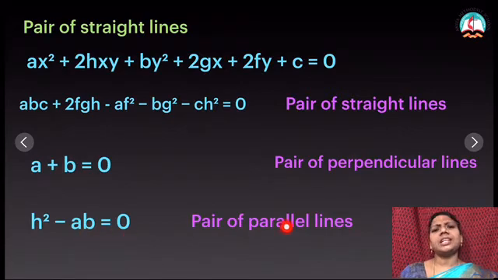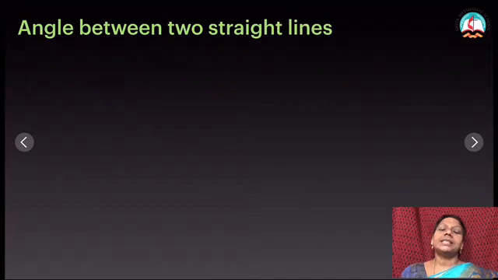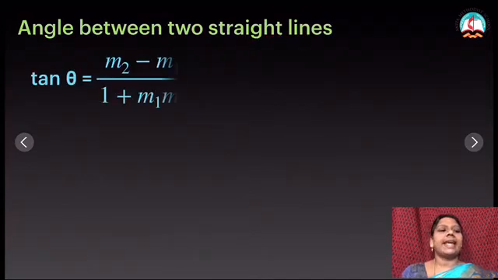Now we also learnt the angle between two straight lines. Suppose I know the slopes, then tan theta is equal to m2 minus m1 divided by 1 plus m1 m2. According to the sign, theta may lie in the first, second, third or fourth quadrant.